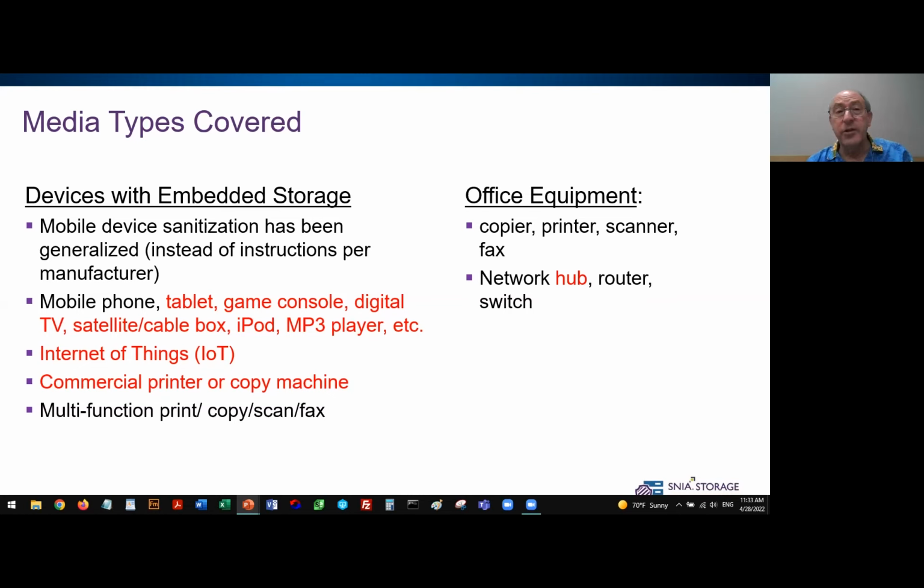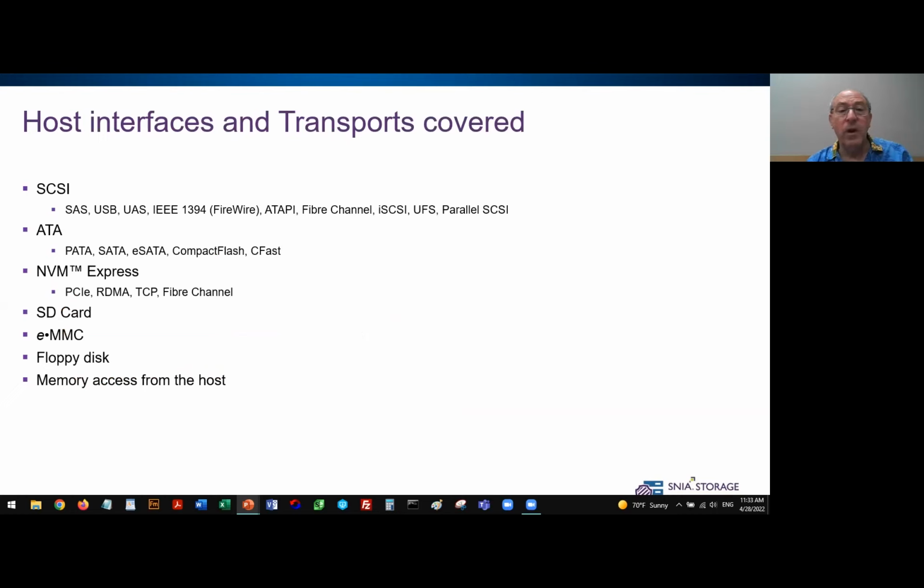We've all heard horror stories about a commercial copy center that sold a copy machine when they were done with it, and the hard drive inside it contained scanned images of taxes and all kinds of other interesting things. We cover a whole bunch of host interfaces.